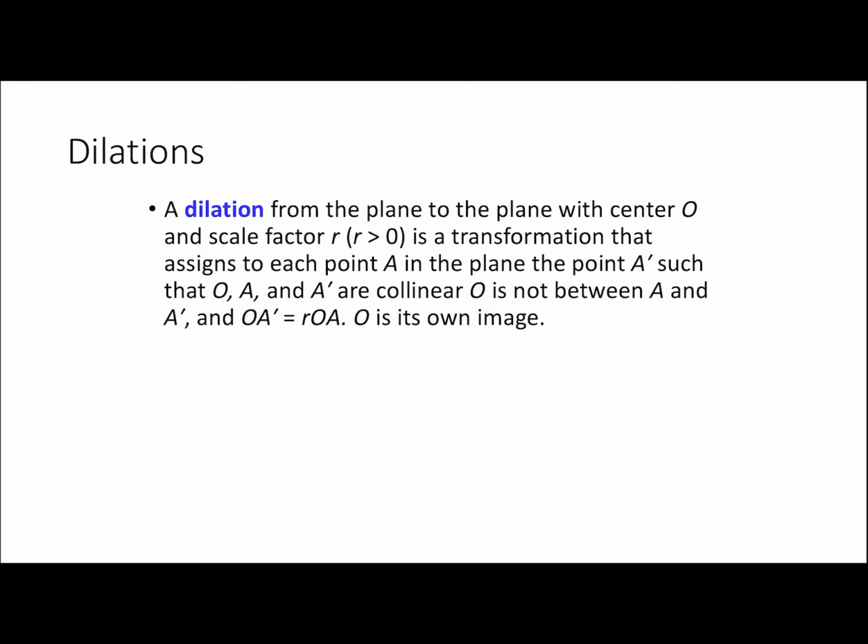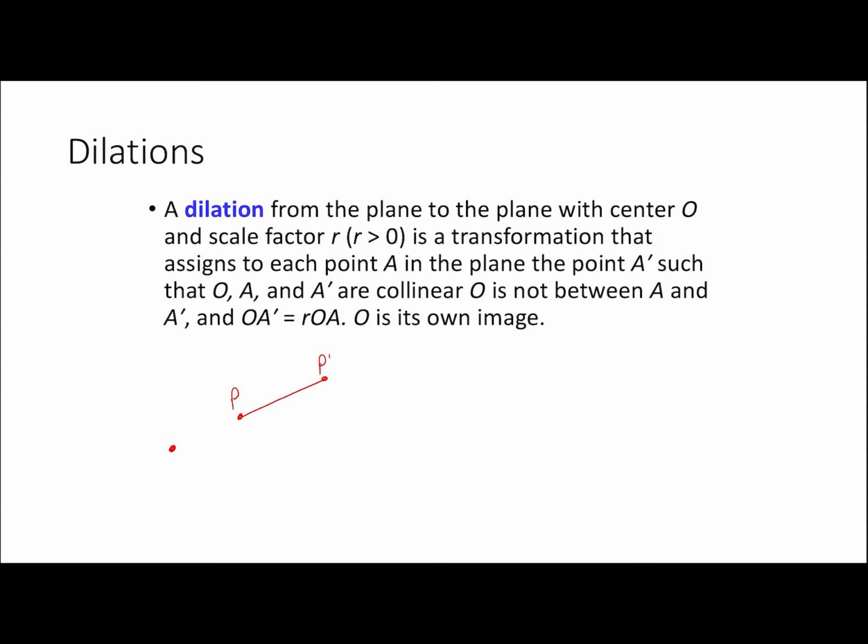Essentially what it means is that if we have, let's just start with the segment. If we have this segment and we want to increase its size or decrease its size, either one, then we would have this point O, we'll call this P and this P prime.